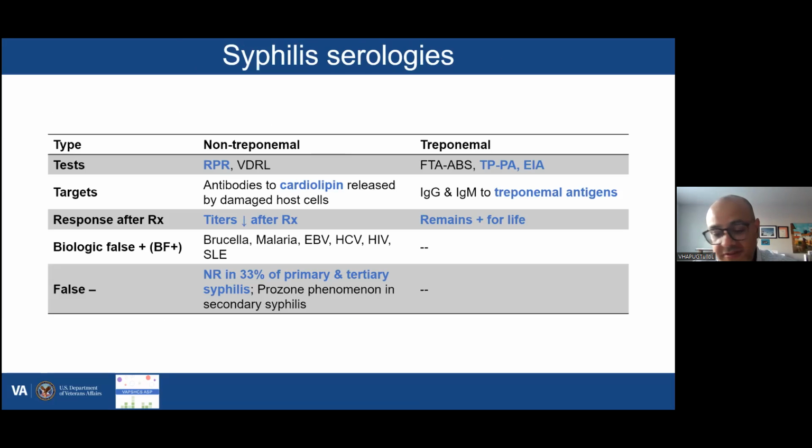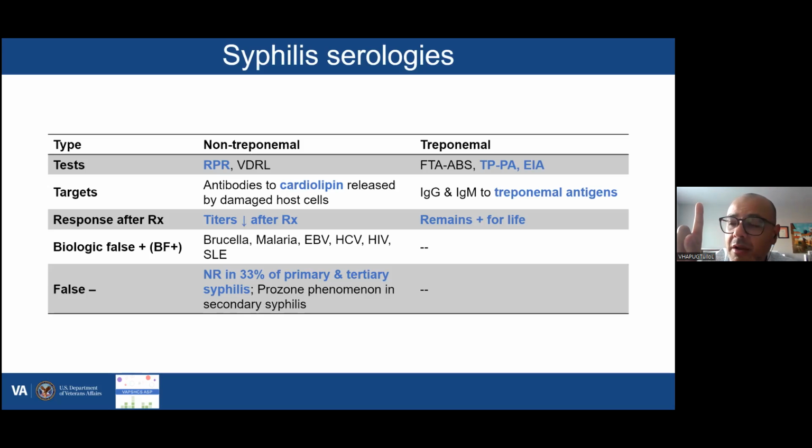Also, if you had syphilis for a very long time, your RPR can be negative because you have, quote unquote, burned out your inflammatory response. And that happens also in about a third of patients. In all those cases, though, your treponemal antibody, your TPPA, your EIA, will always be positive if you actually have syphilis. Does that answer that question?